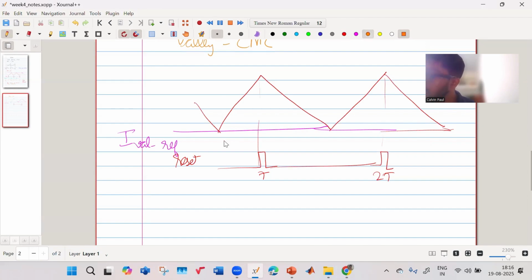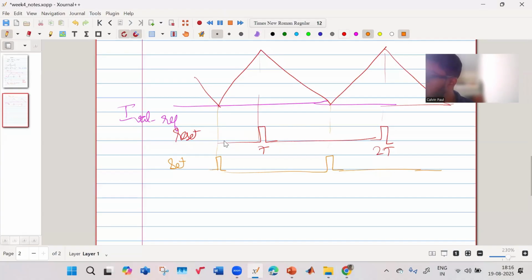Your set pulse will come whenever it touches the valley. Over here, it will come. Similarly, over here, it will come, and so on. This is known as your set. So your gate signal which you generate will be like this. Go high here, fall here. Go high here, fall here. This is fixed.